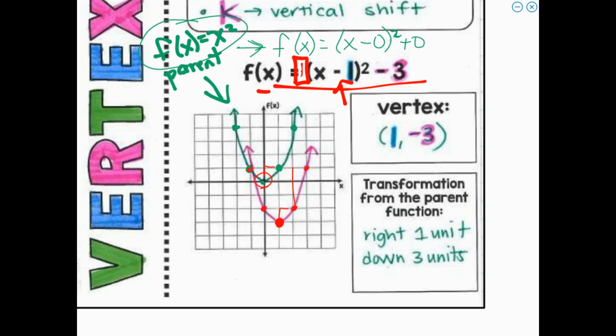And I'm only looking at how my vertex changed from 0, 0 to the new spot of the vertex. So its transformation was that it went 1 unit to the right, and then it went 3 units down to its new location. We gave directions to the new location.